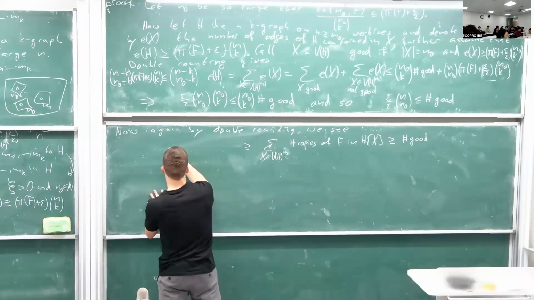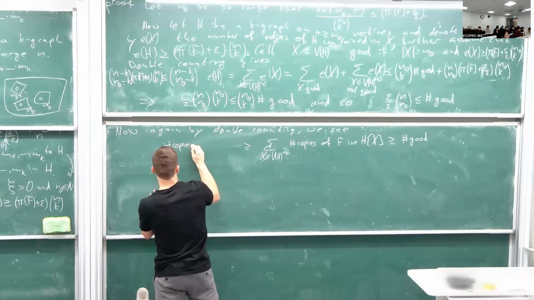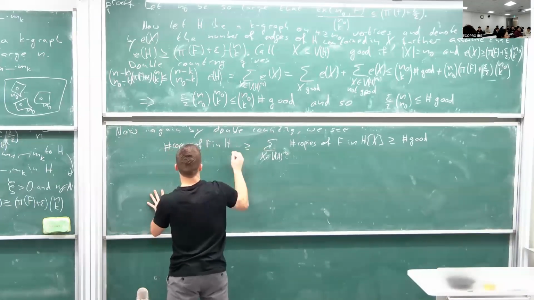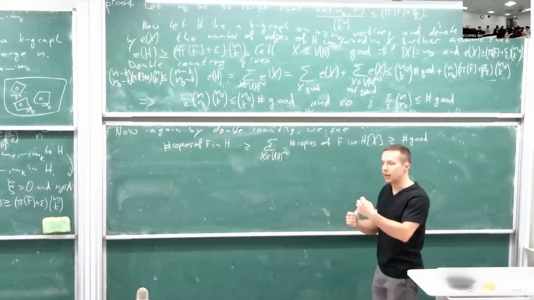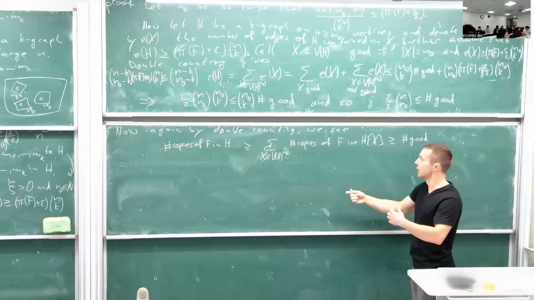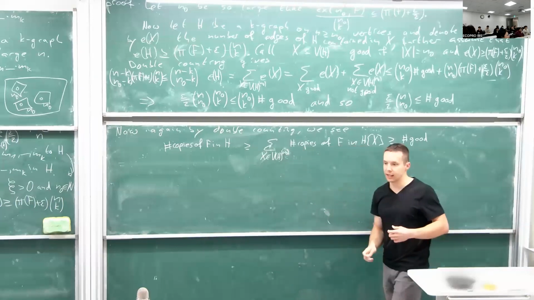So this is the number of copies of F in H. But for each copy, again, this is a set of VF vertices, and we want to extend it to a set of size n0.